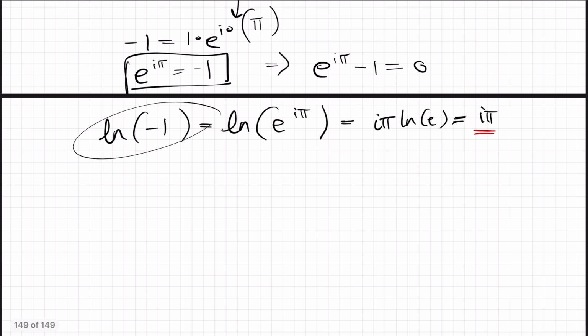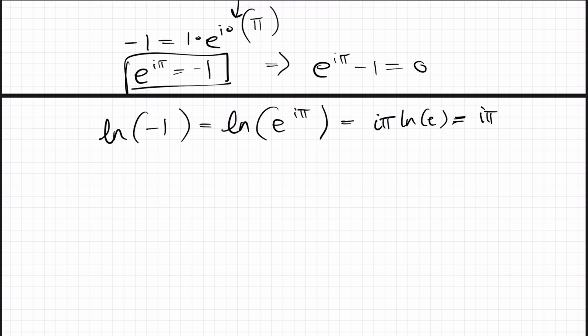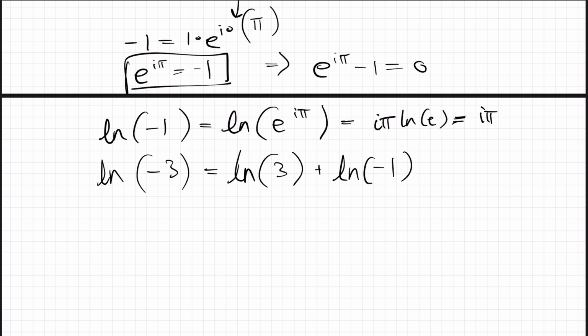And with this, using -1 as the base unit, we can actually work out what the natural log of any negative number is. Like if we had -3, using log laws, we can separate that into ln of 3 plus ln of -1, because if you add two logs, you effectively multiply the arguments.